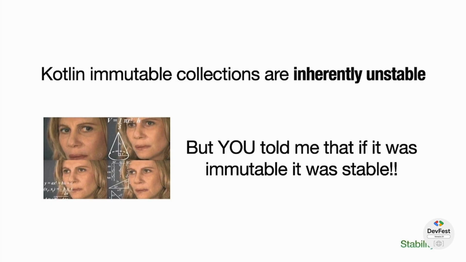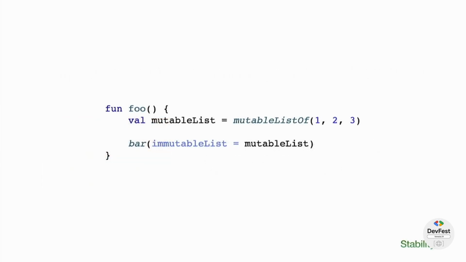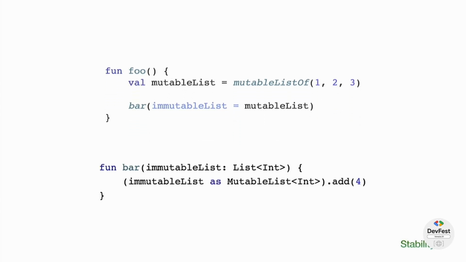I will describe it with an example. Let's take this code here, really simple. I have a foo function. It builds a mutable list, right, with mutableListOf. And I have this bar function that accepts an immutable list. Same here, this is immutable, but this is mutable, right? So this is possible.